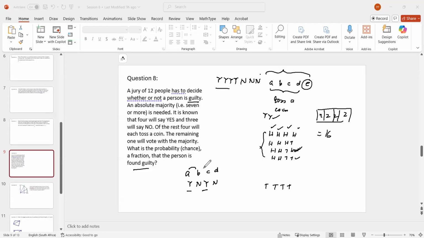So you're going to have AB, say 2 YY, AC, AD, YY, or BC, BD, or CD. There are six possibilities where you can put 2 yeses in 4 spaces. Okay, we've looked at those kinds of problems before. So there are 6 cases for 2 yeses. And for 3 yeses, you'll only have 4.